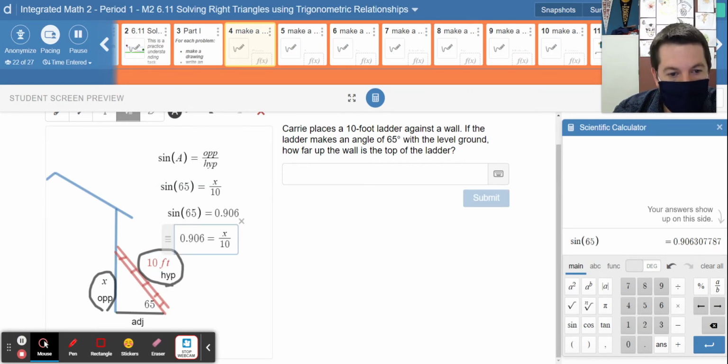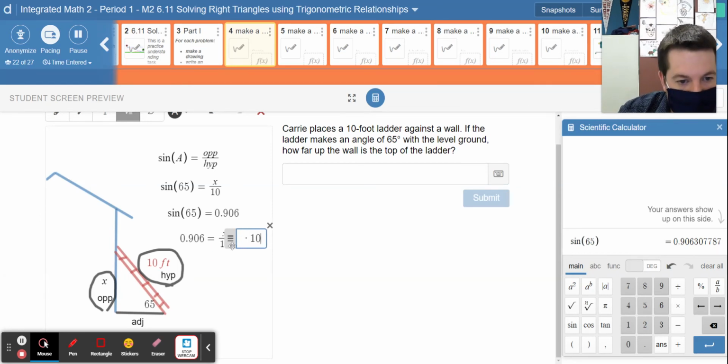So now that I have this, I know that x divided by 10 is equal to 0.906. So to calculate for x, I have to undo the x divided by 10. And so what I need to do is multiply both sides of this equation here by 10.